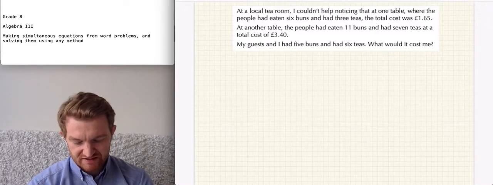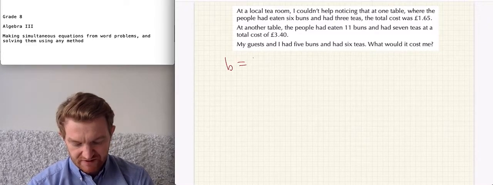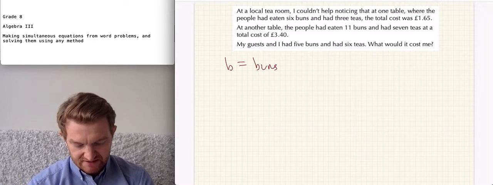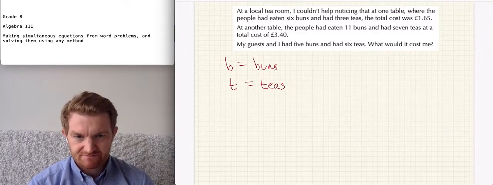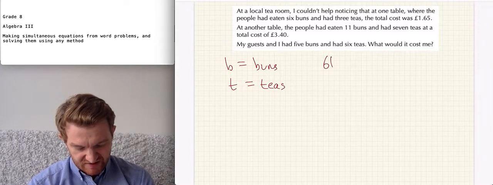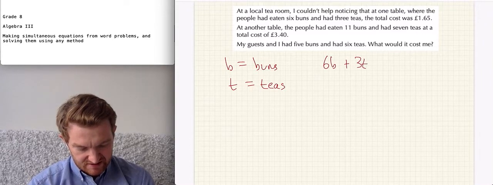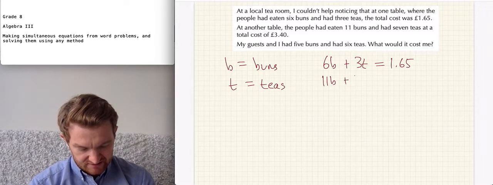So for the first question, I'd say B is buns. Hopefully you defined your variables. And T is teas. Use letters that make sense. We've got 6 buns and 3 teas are $1.65. Then you've got 11 buns and 7 teas are $3.40.